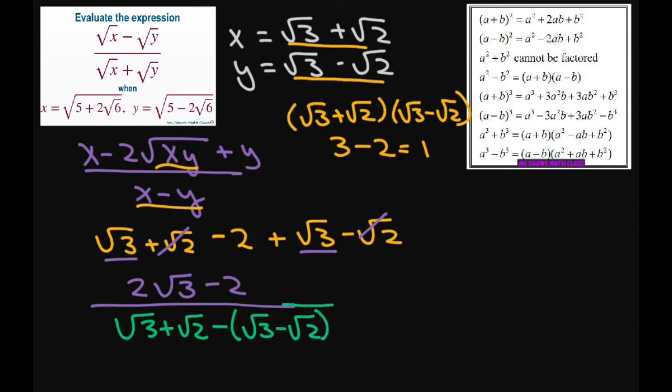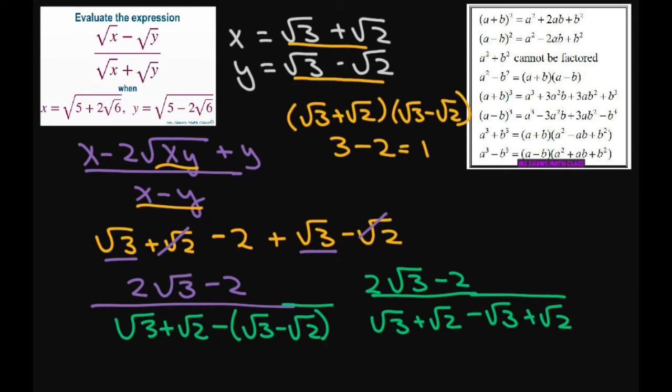All right, this gives me 2 square root of 3 minus 2 divided by square root of 3 plus square root of 2, and then we have minus square root of 3 plus square root of 2. So the square root of 3's cancel out.